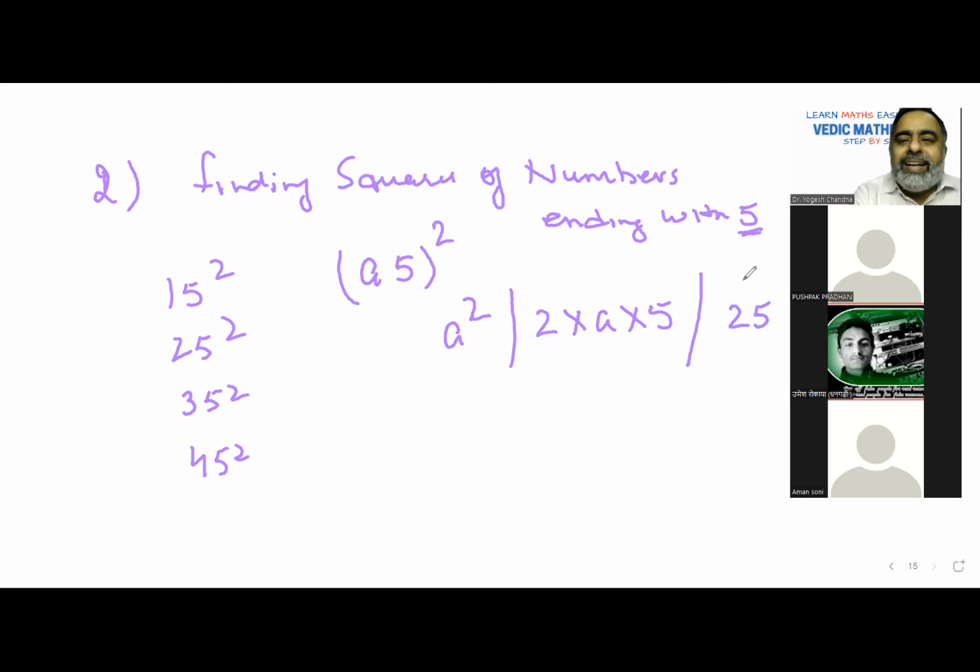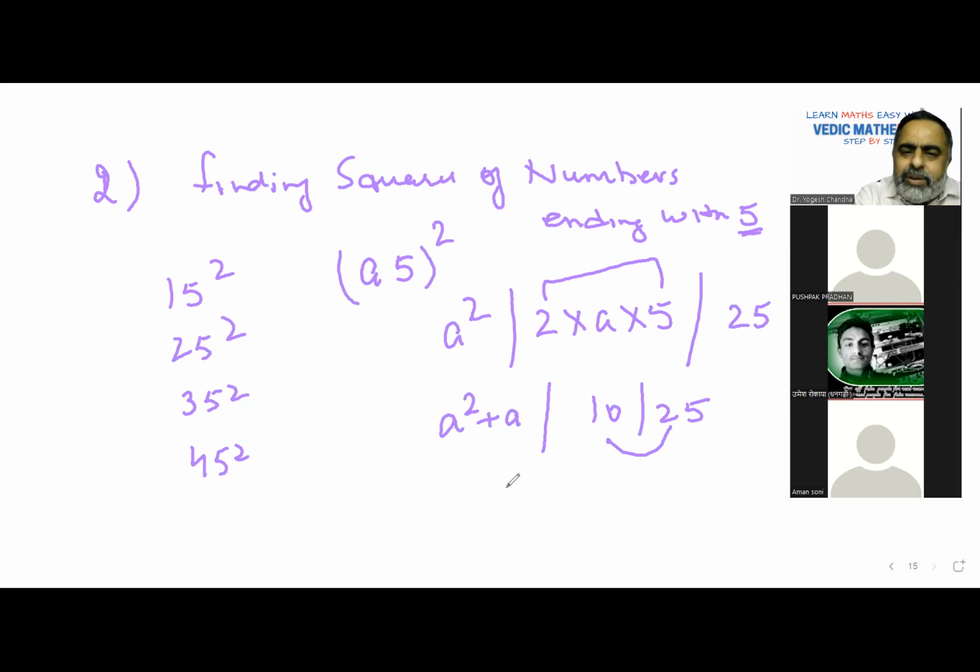Now 2 and 5, it becomes 10, and A is there. So generally we shift, and it will become A square plus A, and 25 on this side, roughly.